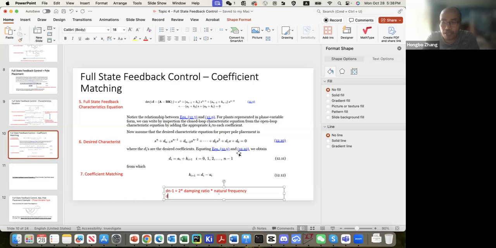And d0 here for a second order system is natural frequency squared. For a second order system, okay?